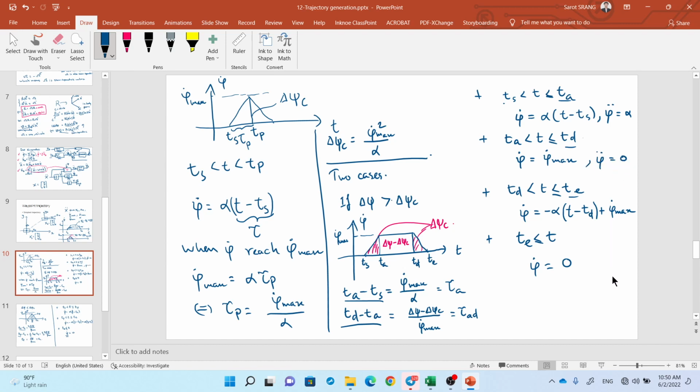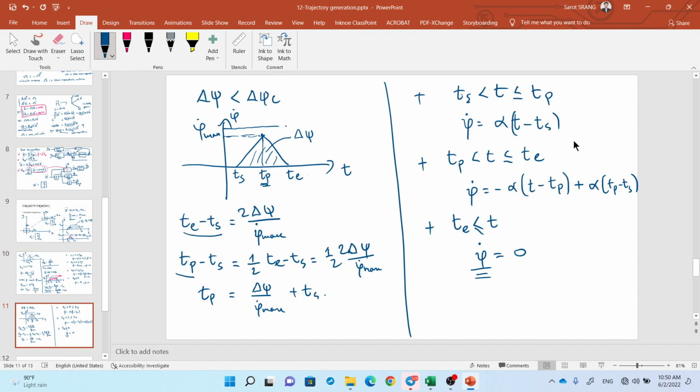Acceleration here is just minus alpha, and acceleration here is just 0. And for this case, acceleration here is just alpha, here is just minus alpha, and here just 0.